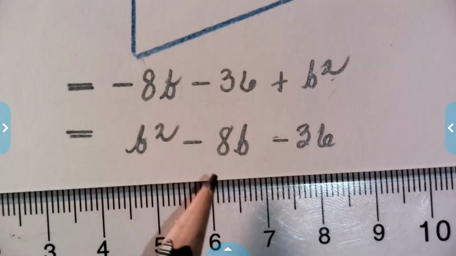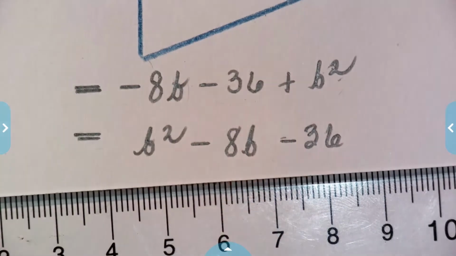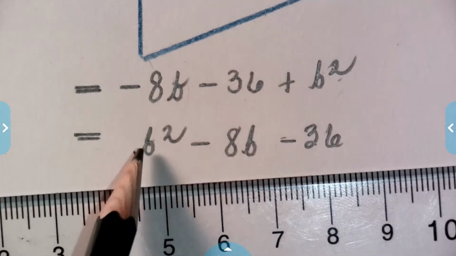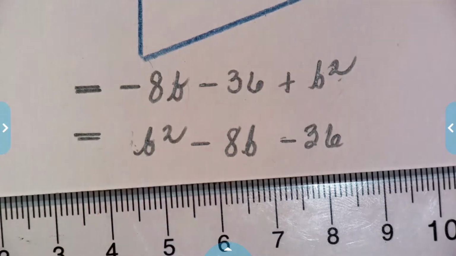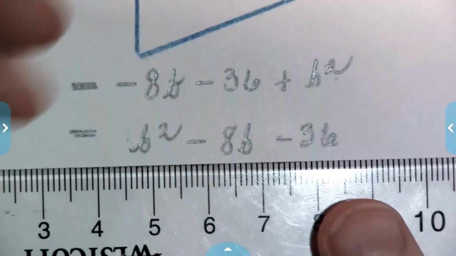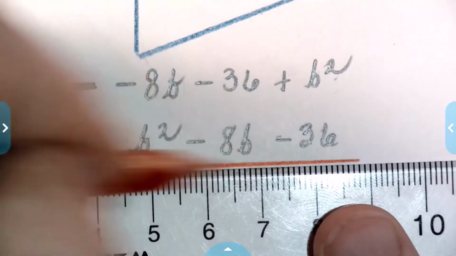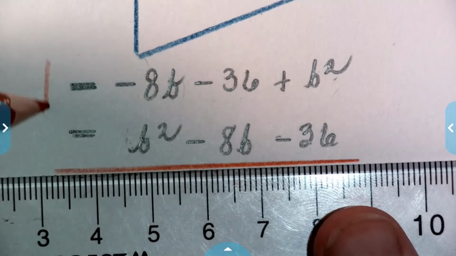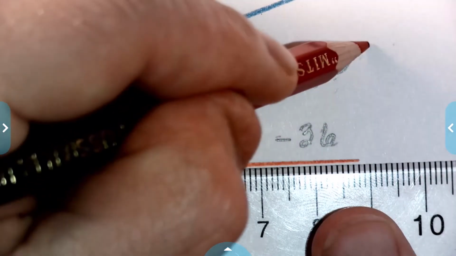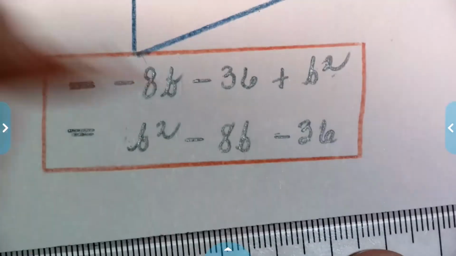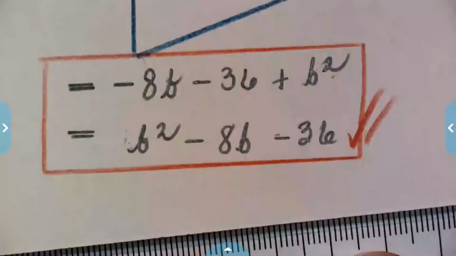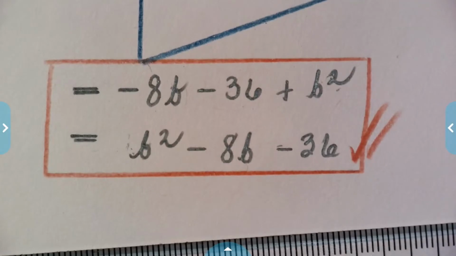And notice that while I do have common factors with 8 and 36, my coefficient in front of the b squared is a 1, so there's really no way to pull anything out. So I would take either of these two answers here. The more correct answer is the bottom one, if you're trying to be a perfectionist about it.